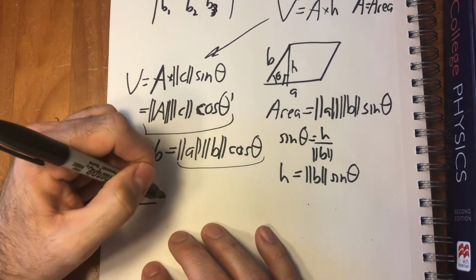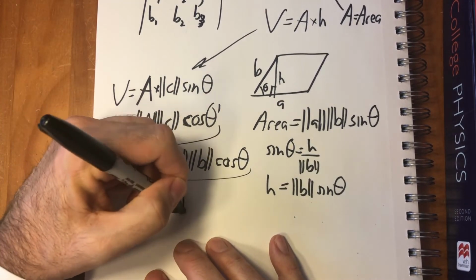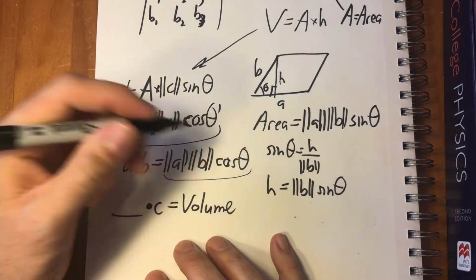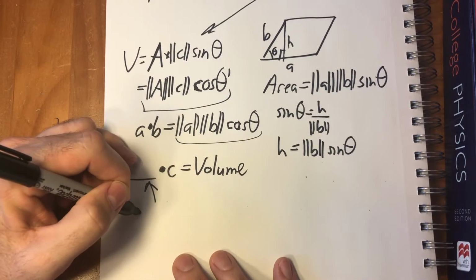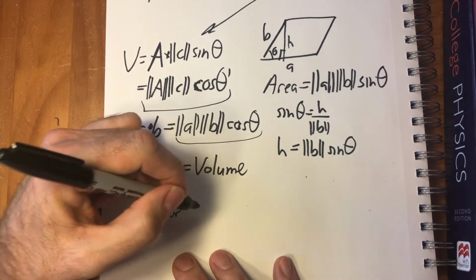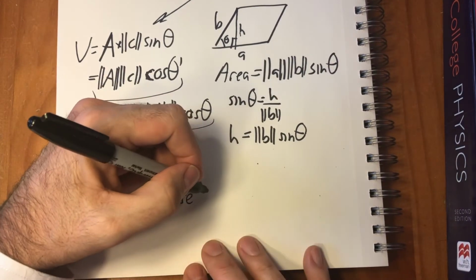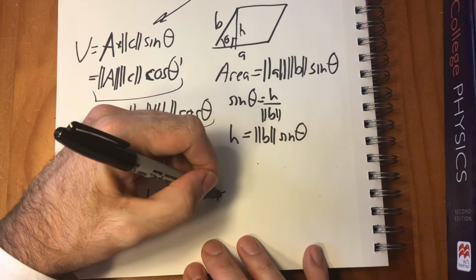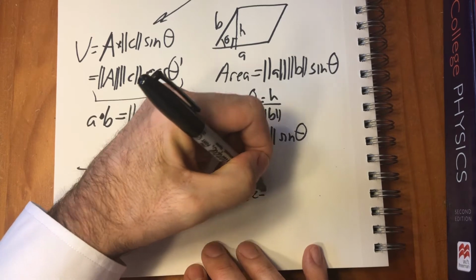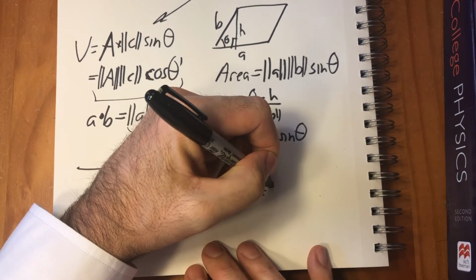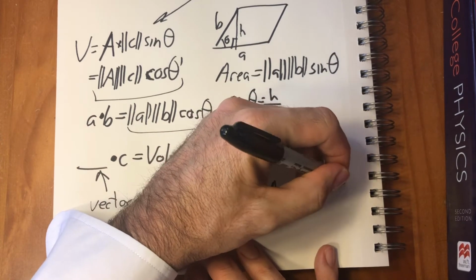we have something dotted with C will give us the volume. And what is this? This is a vector perpendicular to the base with a magnitude equal to the area of the base.